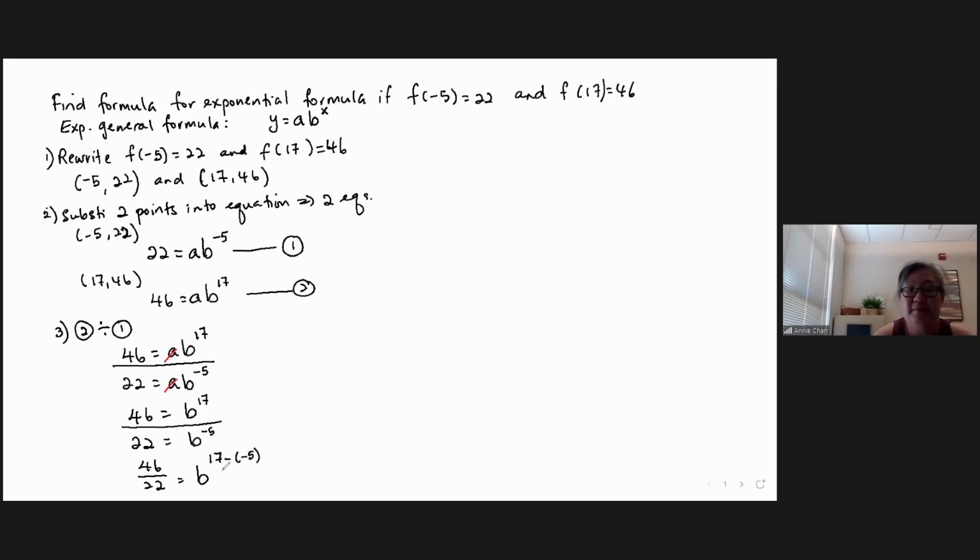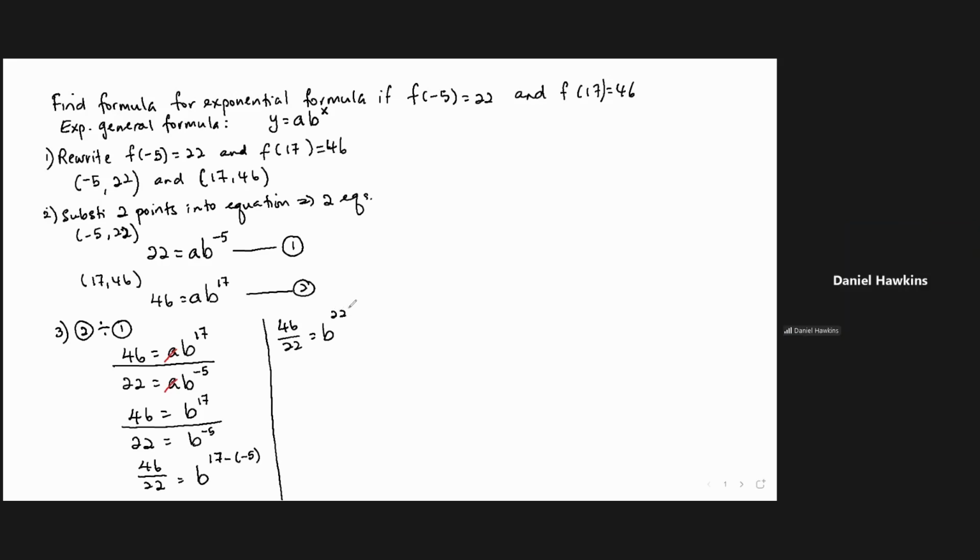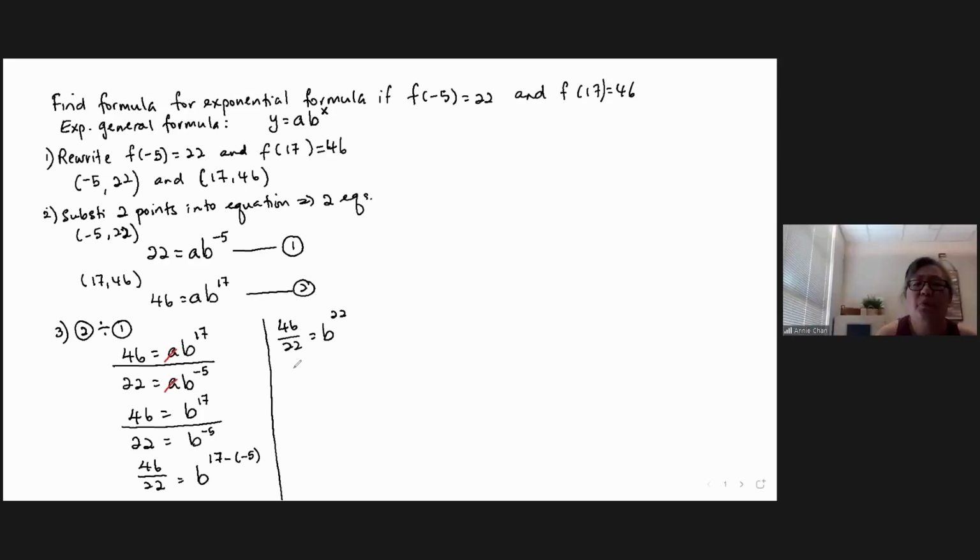Do you see that? Okay. So what I'm left with is, what do we have here? 46 over 22 equals b to the power of 22. Therefore, what is b?